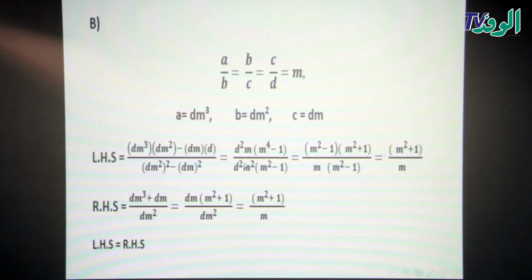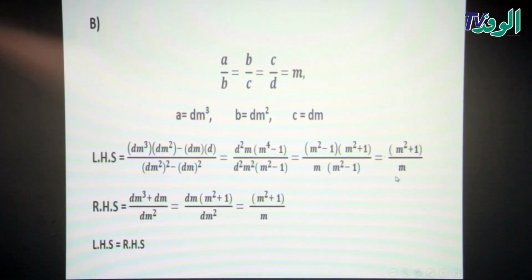Below, we take d squared m squared common factor, leaving m squared minus 1. We cancel d squared with d squared, and m with the power 2. m to the 4 minus 1 can be factorized to m squared minus 1 times m squared plus 1. This cancels with this, and we're left with m squared plus 1 over m.